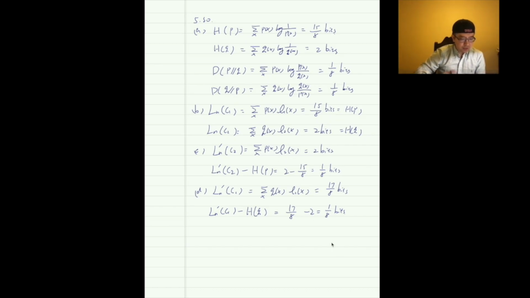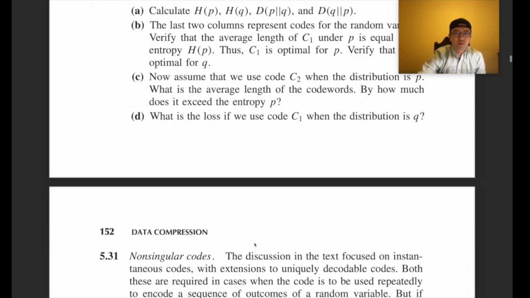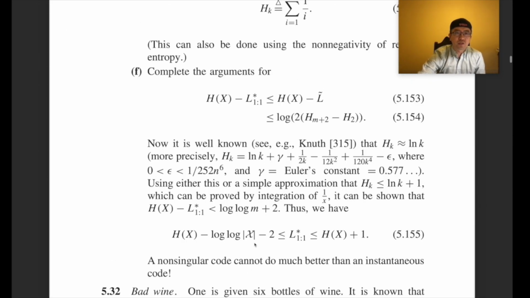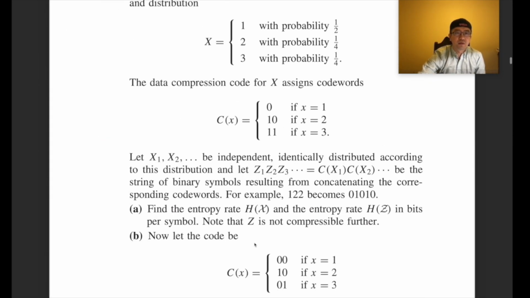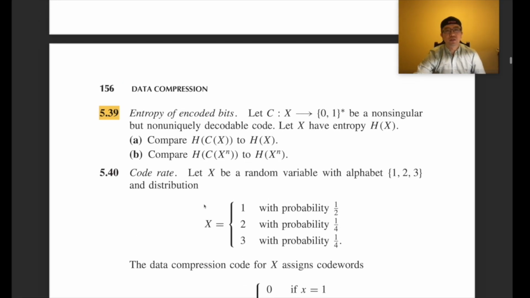Okay. So now let's see our last question, which is question 39. In this question, entropy of coded bits. We have a code that is non-singular, but not uniquely decodable, right? We denote the entropy of X as this, and then we need to compare this guy and this guy.